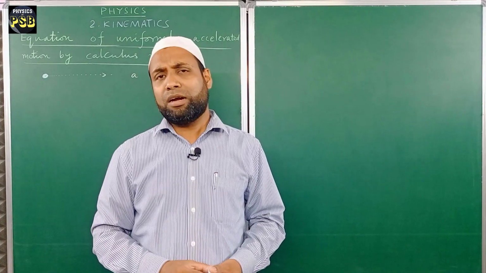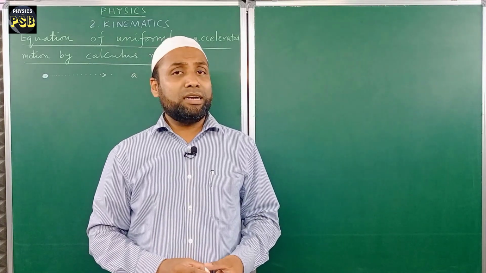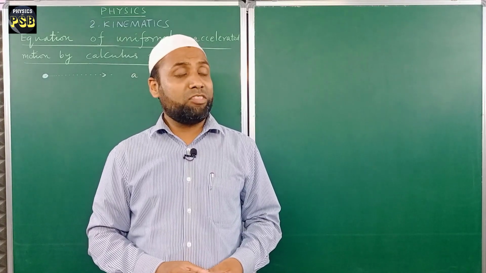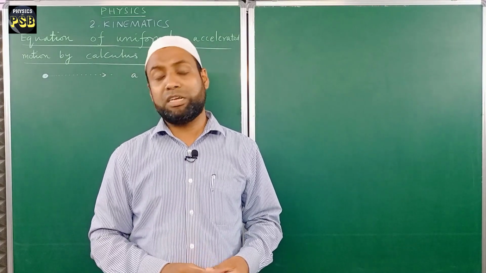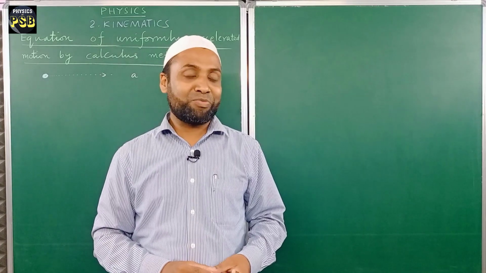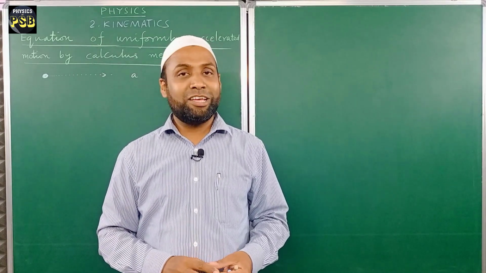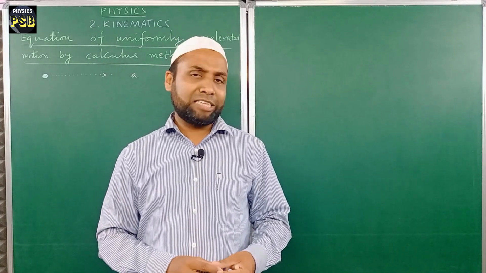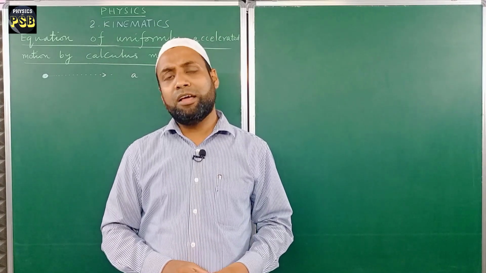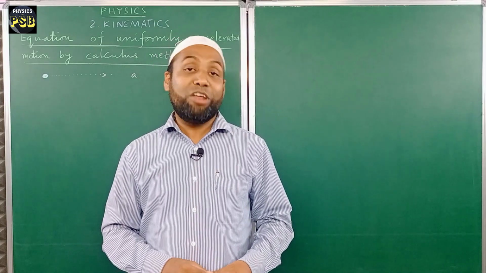So velocity is nothing but the change in displacement of the object in a given time. The rate of change of displacement is referred to as velocity. When this velocity changes with time, we call it acceleration. So acceleration is nothing but the rate of change of velocity.